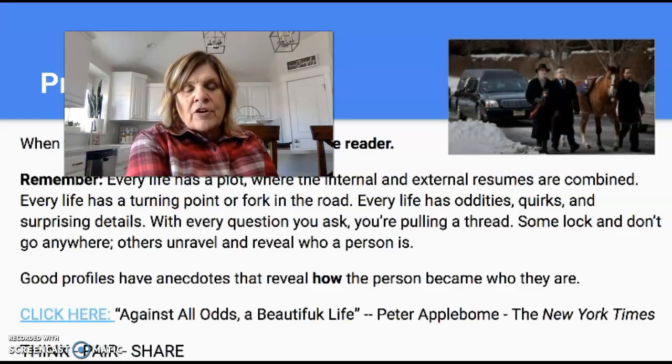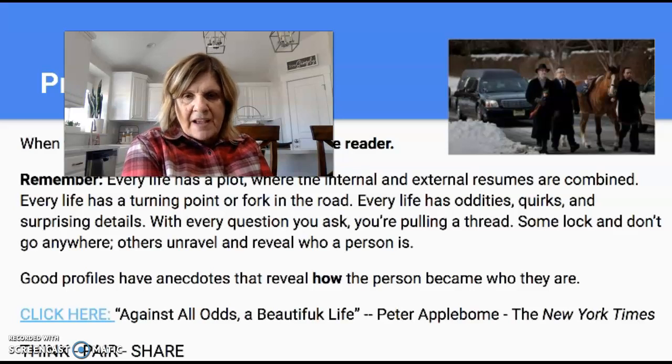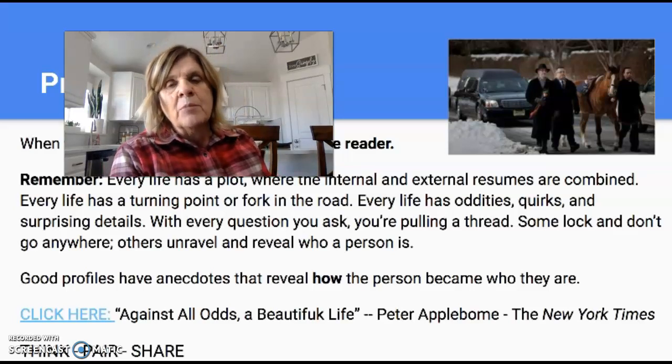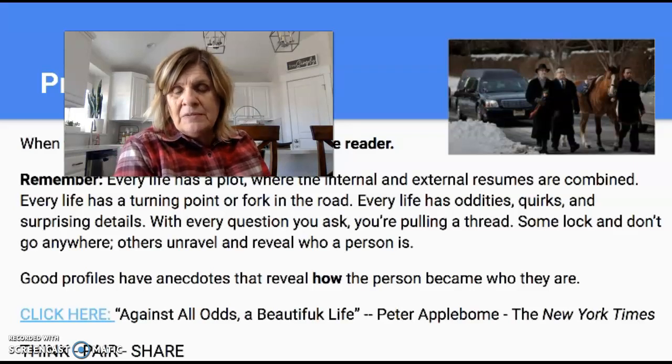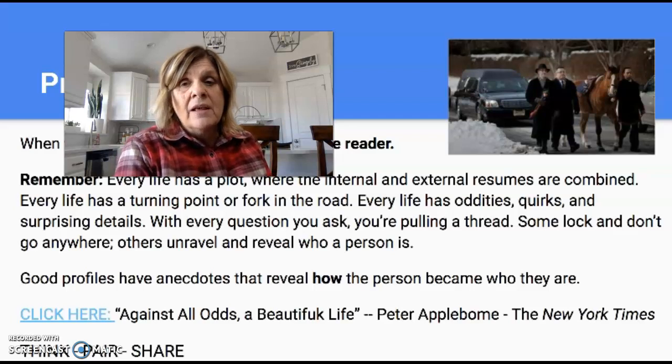So there is a short profile that appeared in the New York Times. It's entitled Against All Odds, A Beautiful Life. In this profile, it tells the story of a young boy who was born as a baby with AIDS and pretty much abandoned. And two men, homosexual men, took in this boy and chose to adopt him.